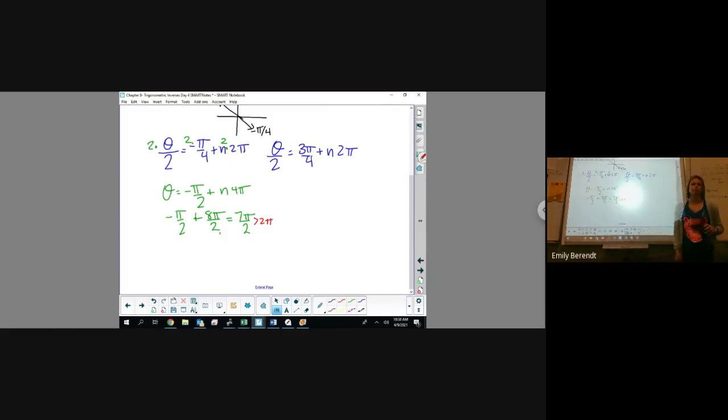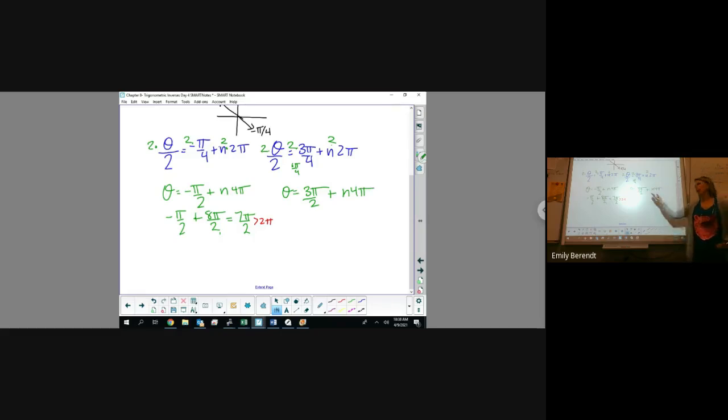And the next one. How do we get rid of dividing by 2? So we'll have theta equals, so 2 times 3 pi is 6 pi over 4, which reduces to 3 pi over 2 plus every 4 pi.